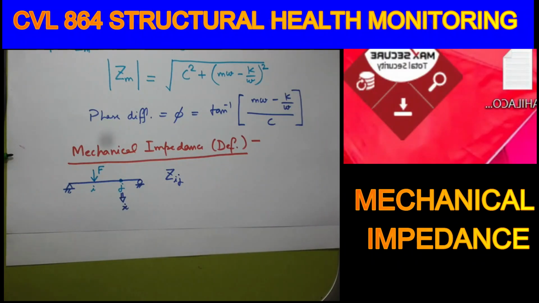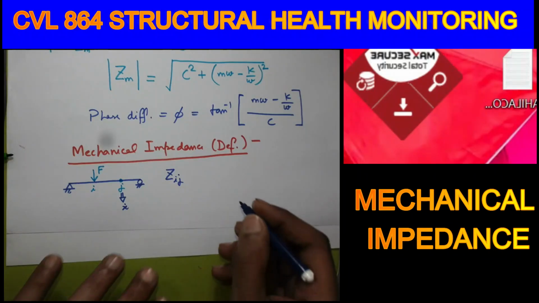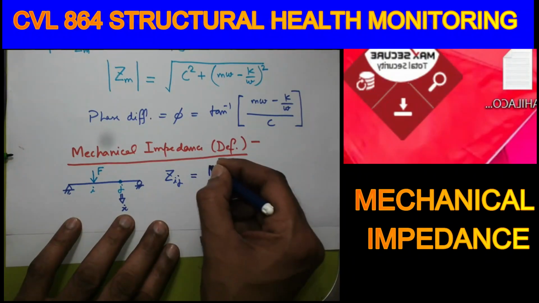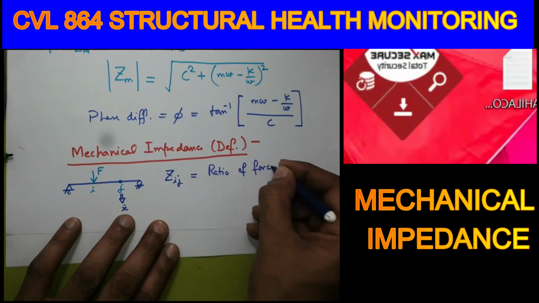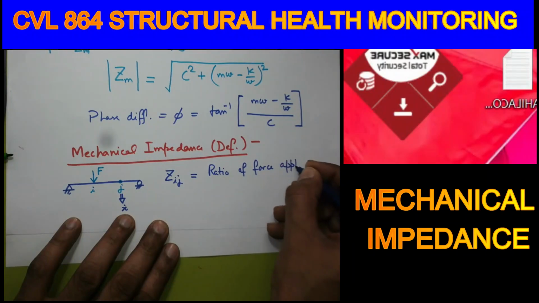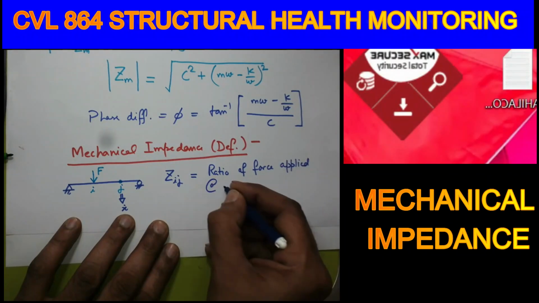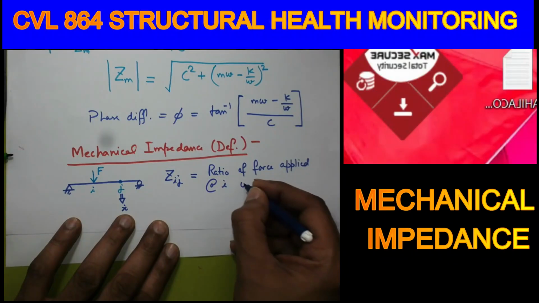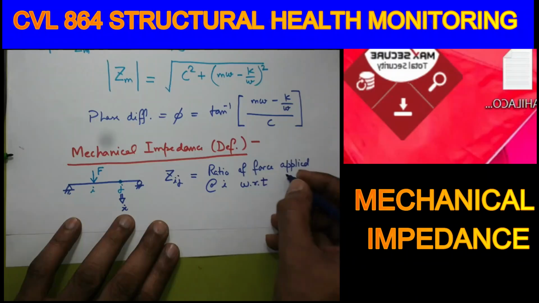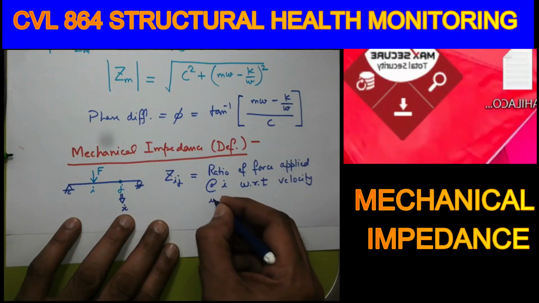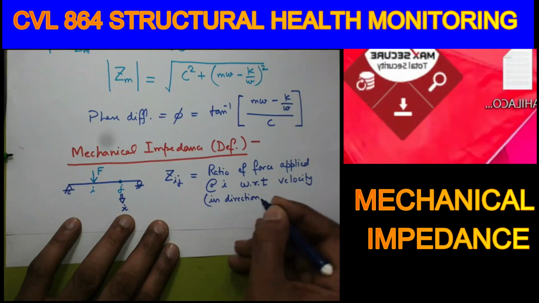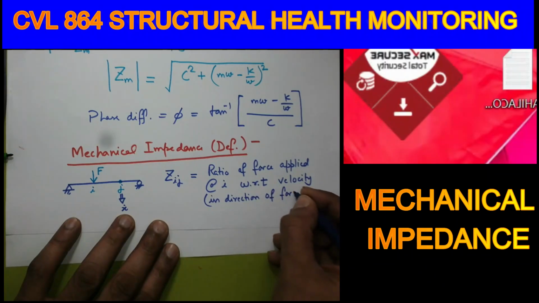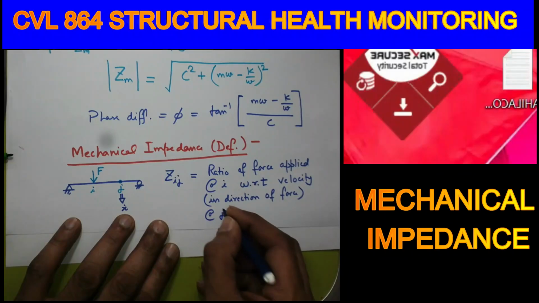So this is equal to the ratio of force applied at I with respect to velocity in the direction of force at J. Is this clear?